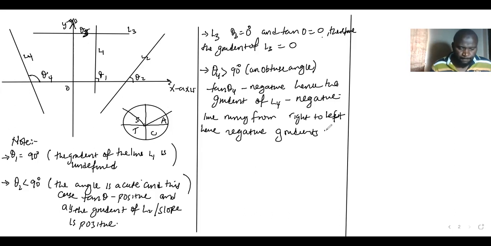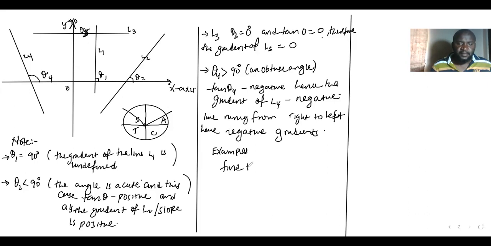Okay. So having seen the gradient, I can also get another definition here very fast, which we can talk about. We shall talk about equations of a line, but before that, let's have some few examples to remind ourselves about the gradients of a line.